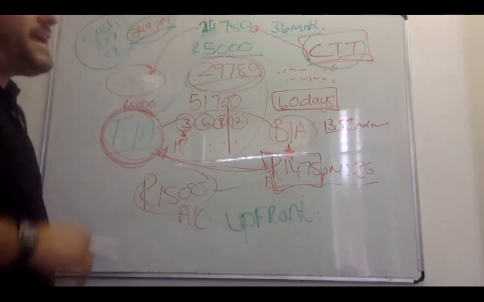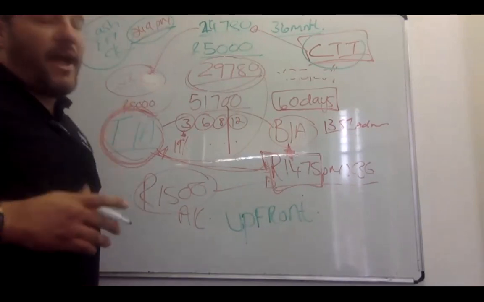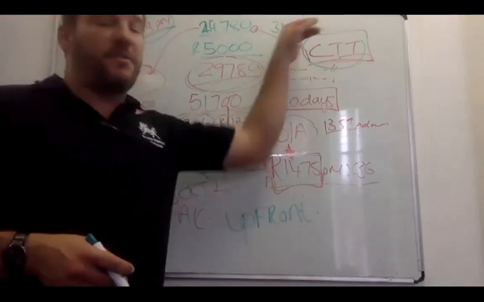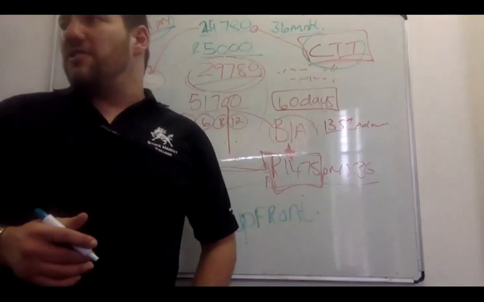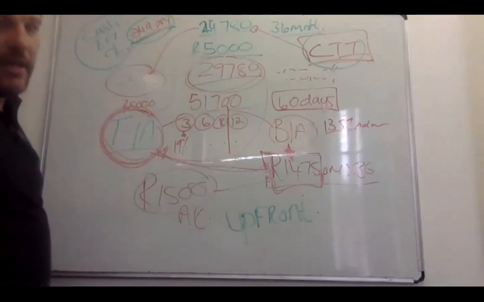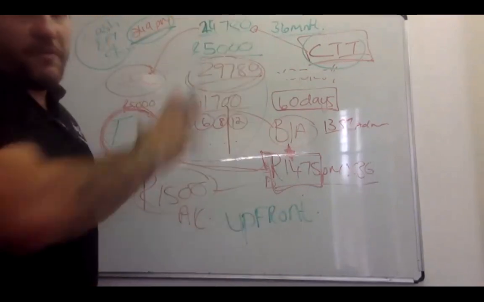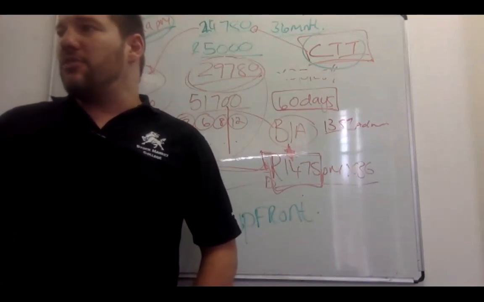249 Rand per month, that is what they're going to pay for the full 36 months. Should the client's membership expire after 36 months and they want to keep on being a client of Stock Market College, all we are going to do is reactivate the 249. There are not going to be any other fees involved in extending your contract with the Stock Market College.